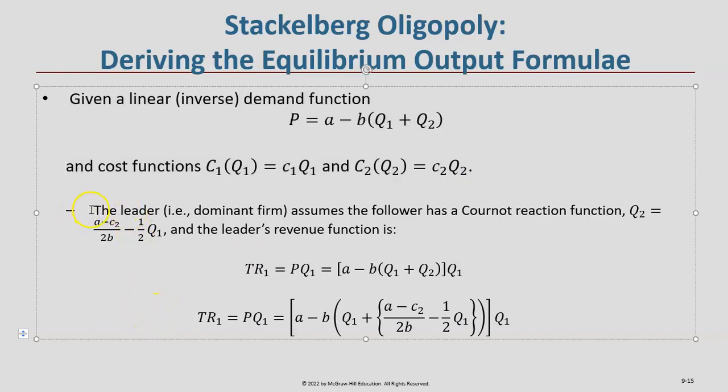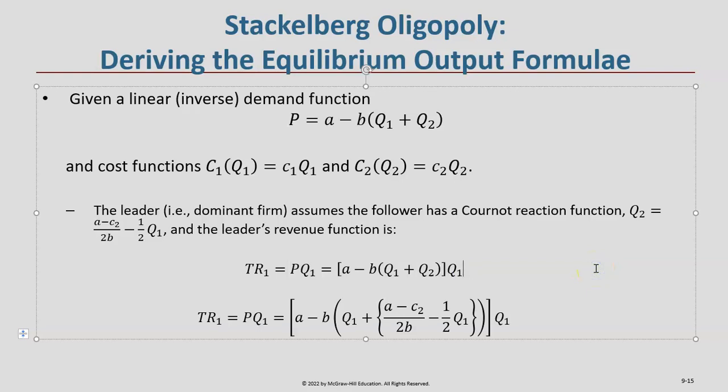Okay, and then the leader, which is the dominant firm, just assumes that the follower has some sort of Cournot reaction function. Okay, and that equation is identical to the reaction functions that we've been using before. So the leader's revenue function is just like the revenue function of a Cournot oligopolist.